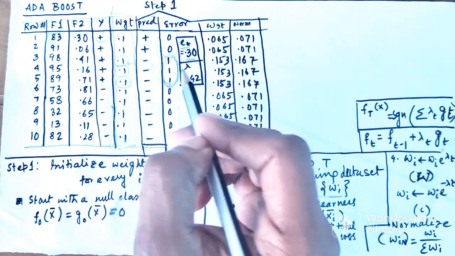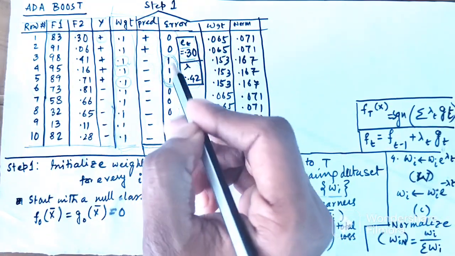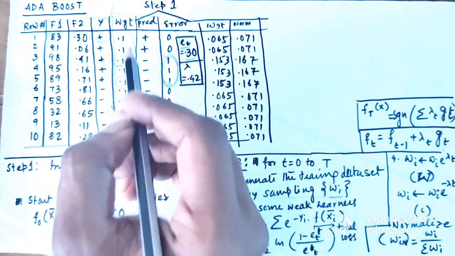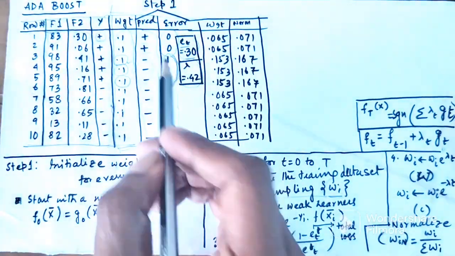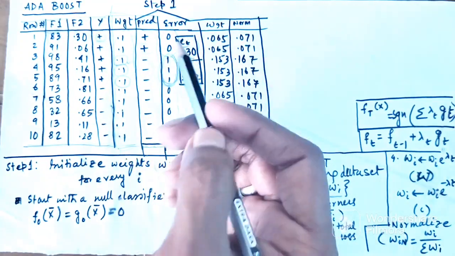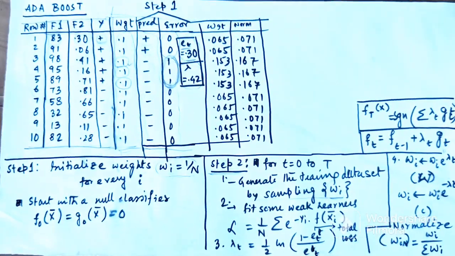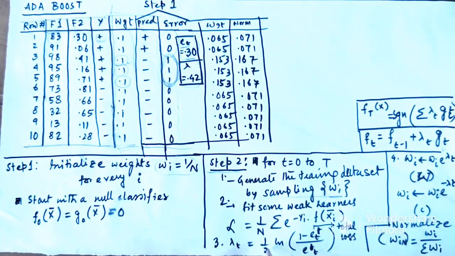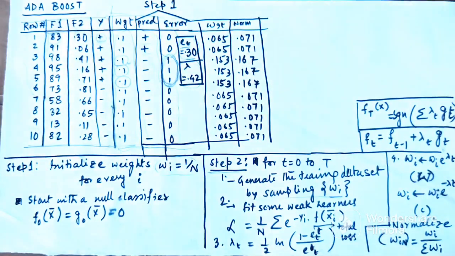We have to keep the weights of these weak learners more than the strong learners. What are the strong learners? Those which were classified properly in the first step. So what is lambda t? Lambda t equals half of this one, and we will calculate lambda t. Now what will be the weight?